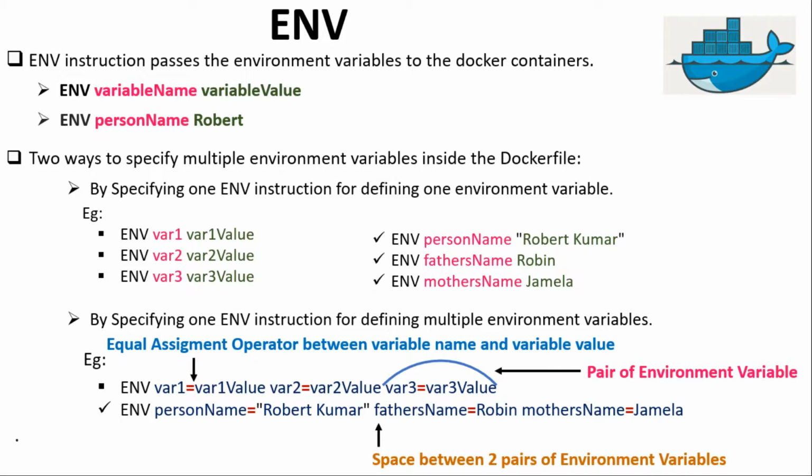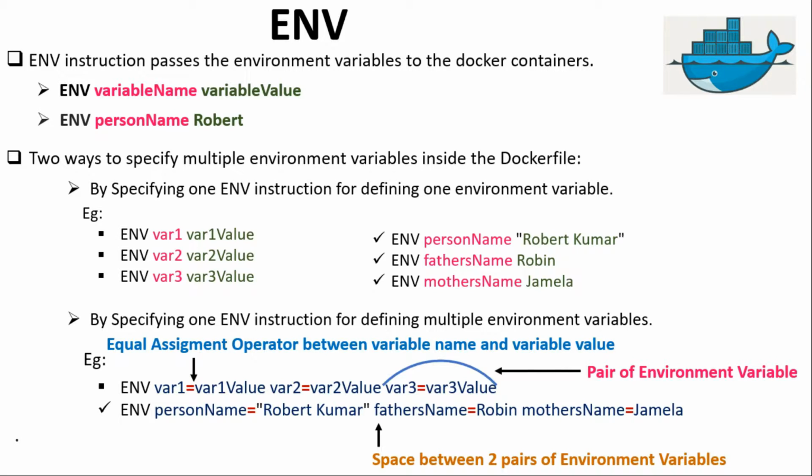So if there are more ENV instructions, then there will be more image layers, and it means the size of the Docker image will be more. Hence, to keep the image size as small as possible, it is always recommended to put multiple environment variables inside one ENV instruction.